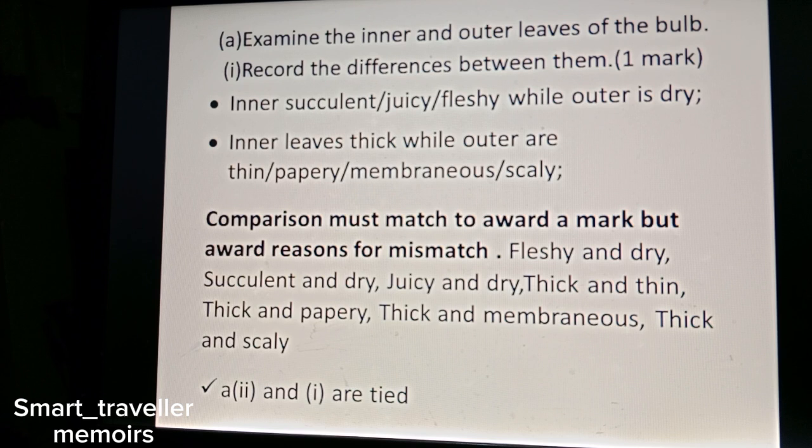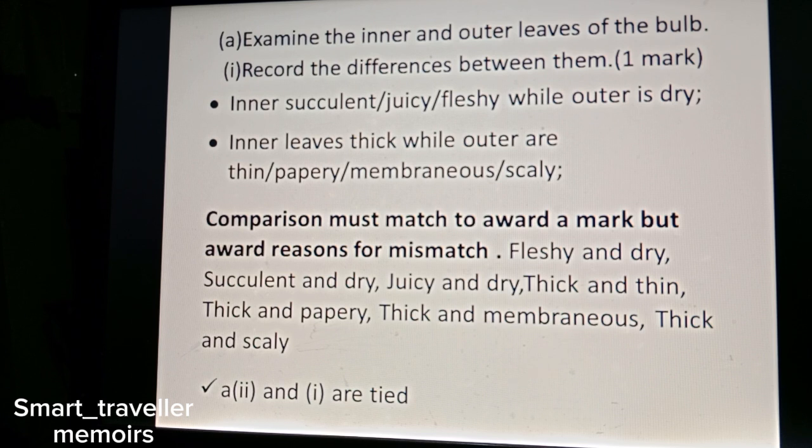Inner leaves thick, while outer are thin, papery, or membranous or scaly. Comparison must match to earn the mark, but I want reasons for mismatch. Fleshy and dry, succulent and dry, juicy and dry, thick and thin, thick and papery, thick and membranous, thick and scaly.